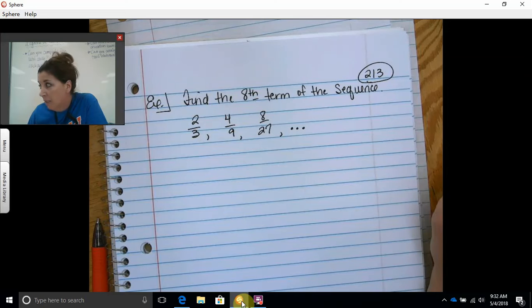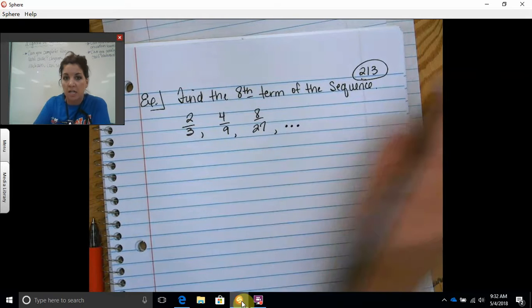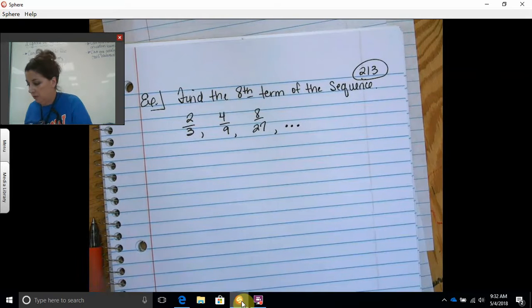So probably what I would do is, I mean, you could write these as fractions, or leave them as fractions. I know how much I love fractions. I would probably convert them to decimals and go from there, okay?